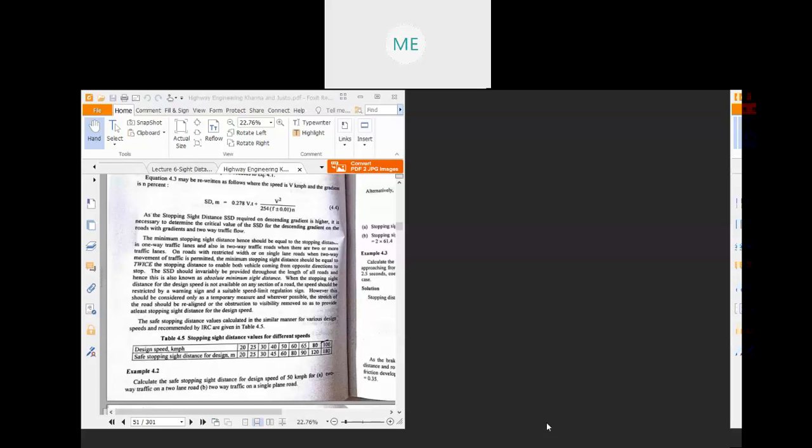Now, can you tell me how we will find out this stopping sight distance for this numerical? So first, you have the equation. Your stopping sight distance equation was Vt plus V square by 2gf, or the second equation.